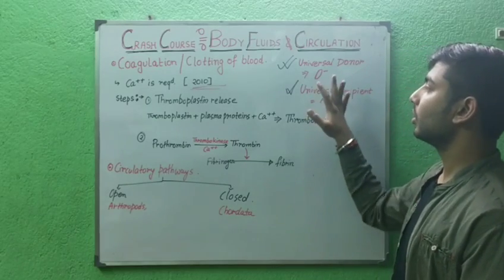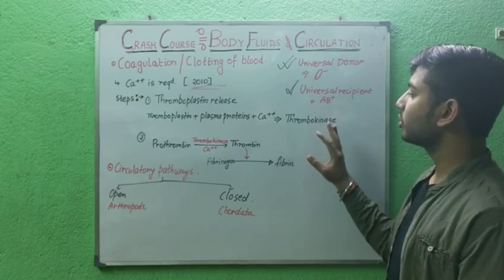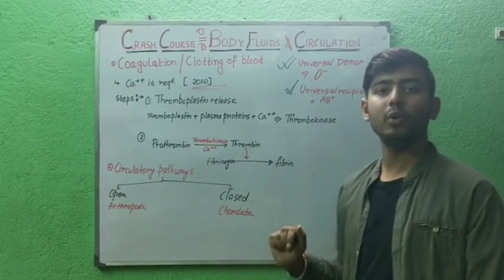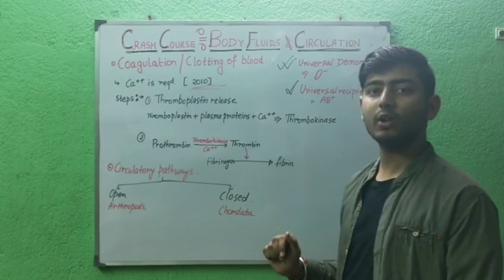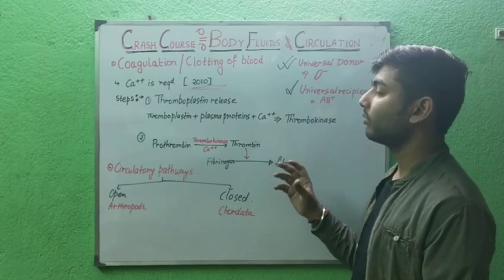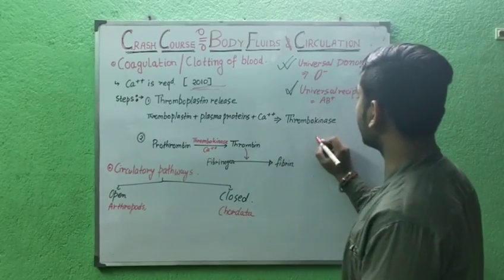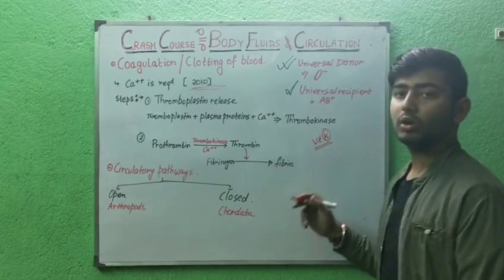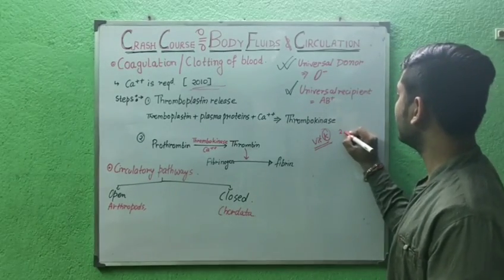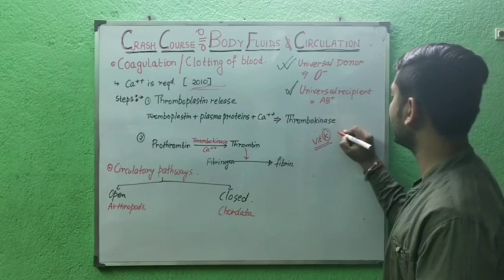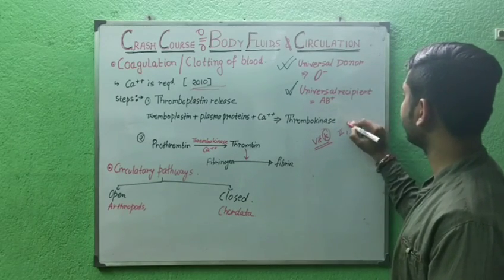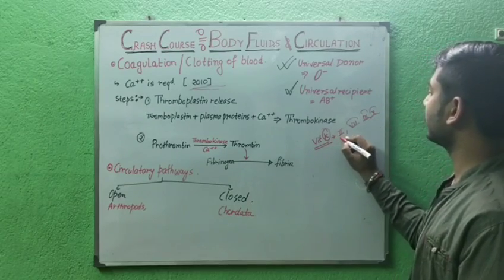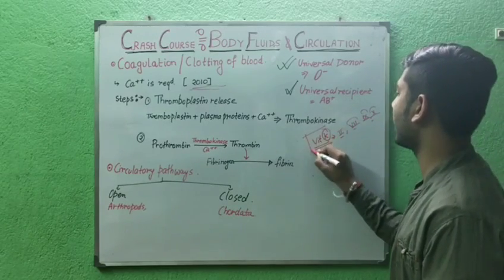I hope this coagulation is clear, and most of the questions asked will be that calcium ion is required. One more question: which vitamin is required in formation of clotting factors? The vitamin is vitamin K. Vitamin K is required for clotting factors, especially II, VII, IX and X. For the activation of clotting factors II, VII, IX, X, vitamin K is required.